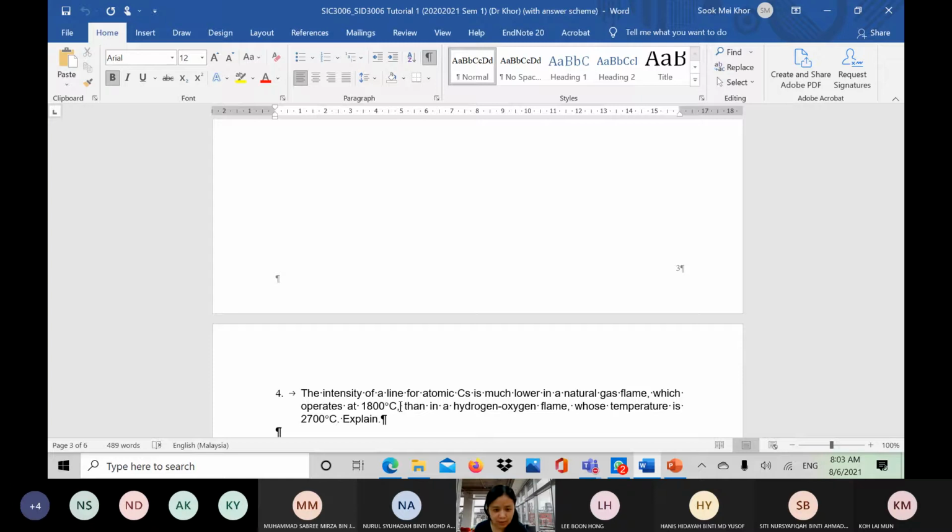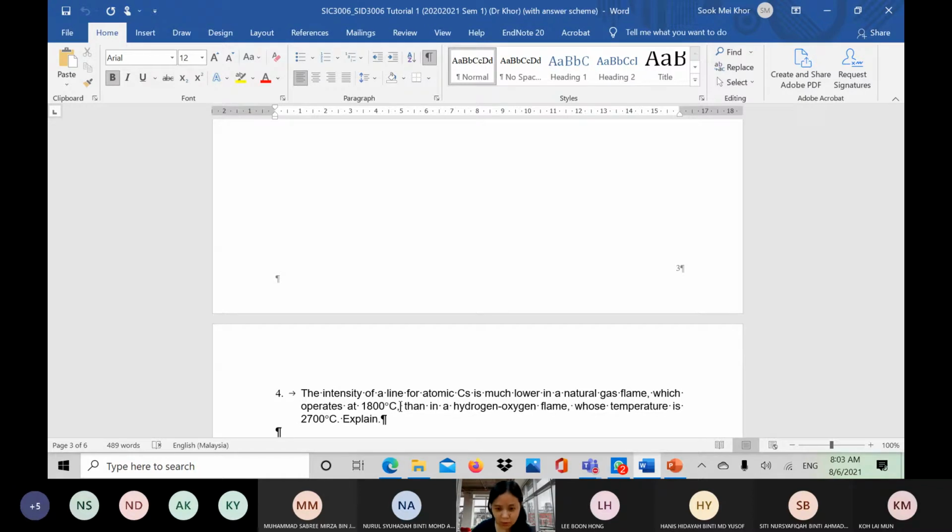So before this, I would like to know whether students understand the concept of atomic spectroscopy between AAS, AES, and AFS? Of course, obviously, this question is not related to AFS because there's no fluorescence signal. So either it is AAS or AES.